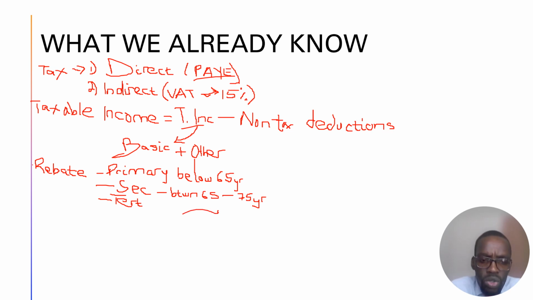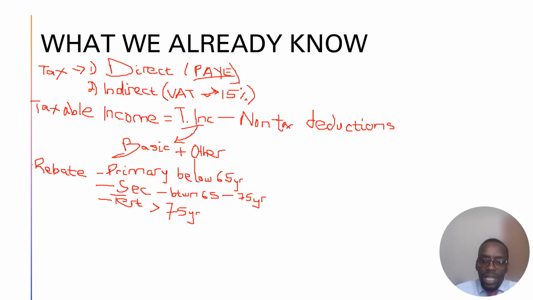And then we also have the tertiary. Our tertiary rebate is for those who are above 75, more than 75 years. If someone is more than 75 years, then they qualify for our tertiary rebates.